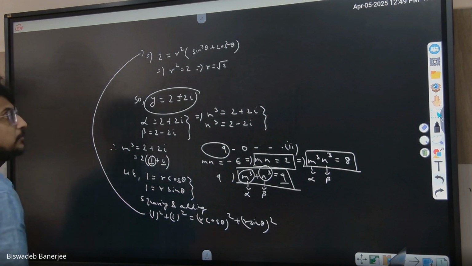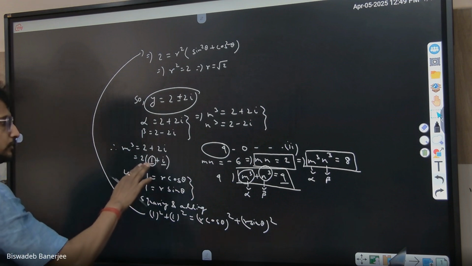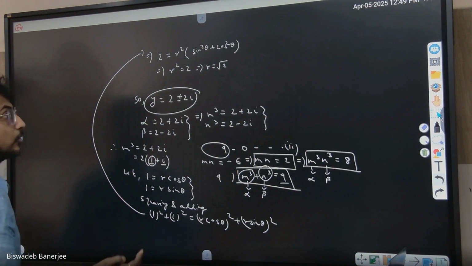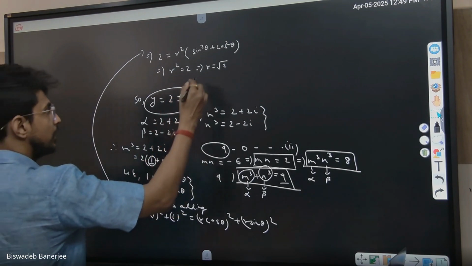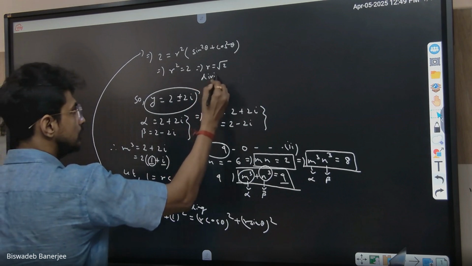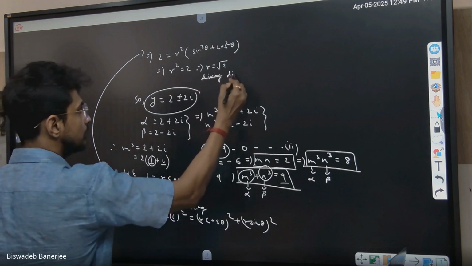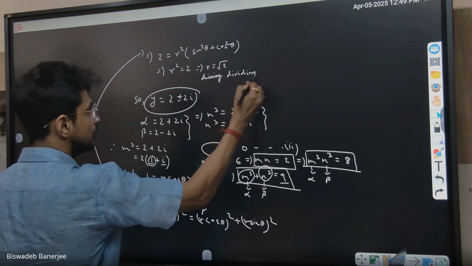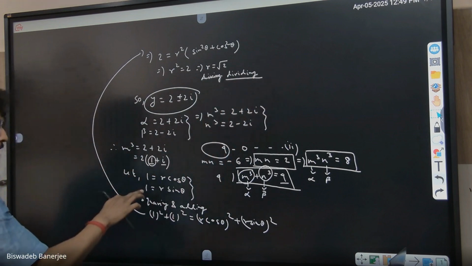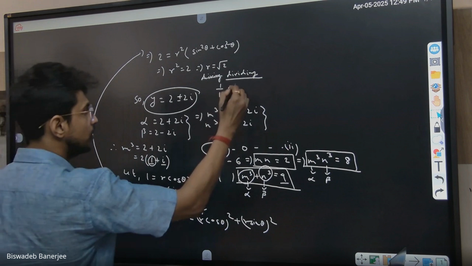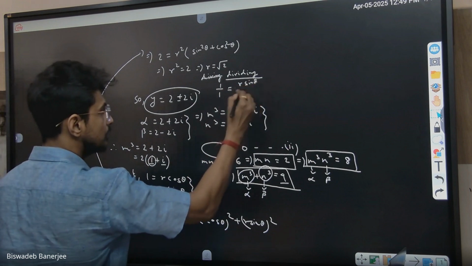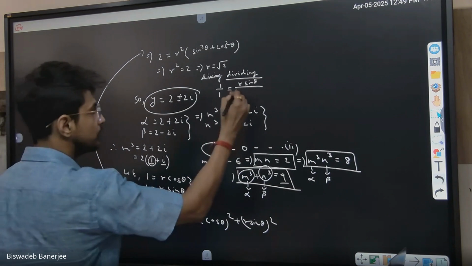And what is theta? So divide these two equations. See that 1 by 1. My 1 is r sin theta and this 1 is r cos theta.